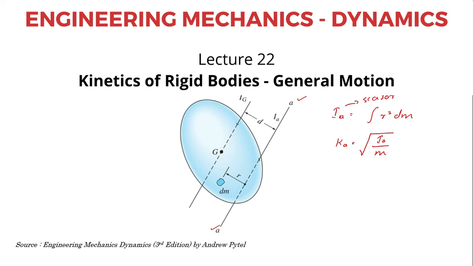And you must have also studied the parallel axis theorem. If you have the moment of inertia with respect to an axis AA, and the corresponding axis that passes through the mass center of the rigid body G, sometimes called the central axis, then by applying the parallel axis theorem, I_A is equal to I_G plus m into d square, where d is the distance between the two axes.